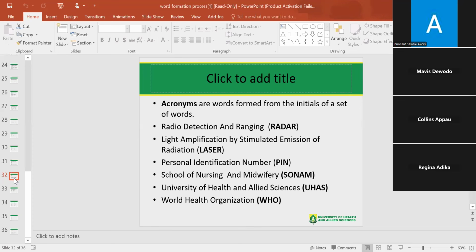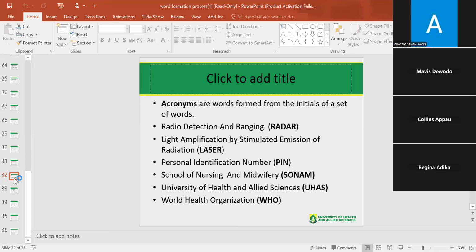World Health Organization, WHO. Now, one of the things that I want to mention here is some writers say that when the initials are put together and they sound like a word, you can just read them like a word. That is what we call acronyms. So if you say radar, it is as if you are saying a word.